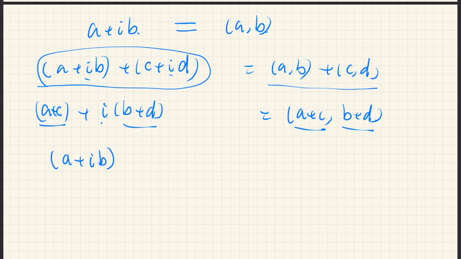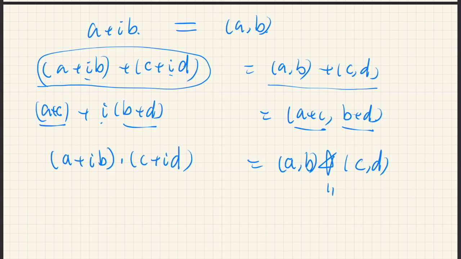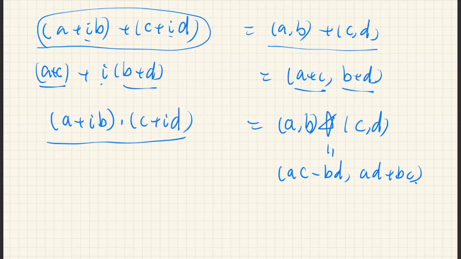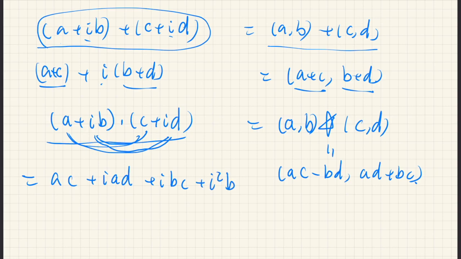(a plus ib) times (c plus id). What we really mean here is (a, b) star (c, d). And by definition, this is (ac minus bd, ad plus bc), right? So here on the left-hand side, let's just do ordinary arithmetic by using the distributive law. So a times c, and a times id, so i a d, and ib times c, so i b c, and ib times id, so that's i squared bd.